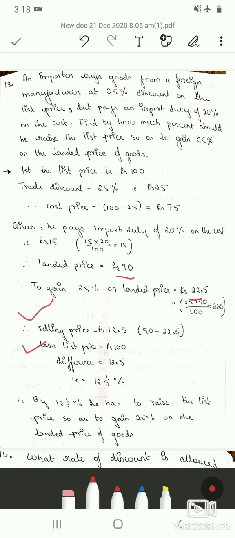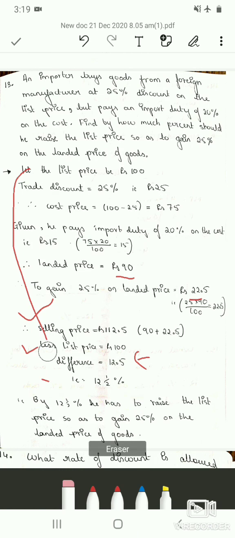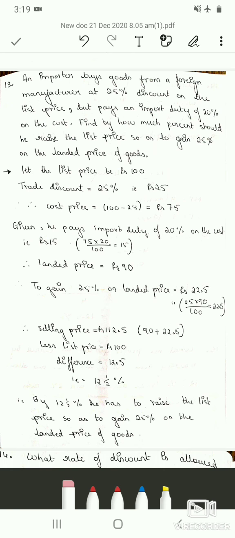So subtract it with the list price. Here we have assumed the list price to be 100. Therefore the difference is 112.5 minus 100, which is 12.5. Therefore 12.5%. By 12.5% he has to raise the list price so as to gain 25% on the landed price of goods.